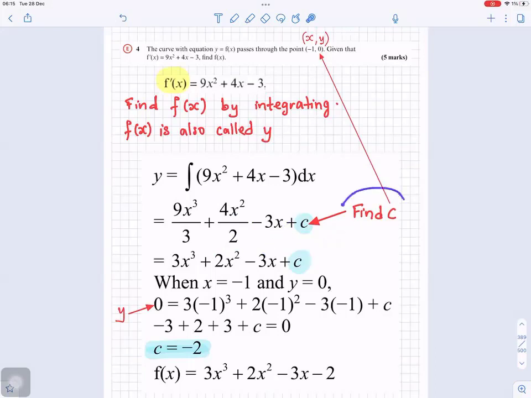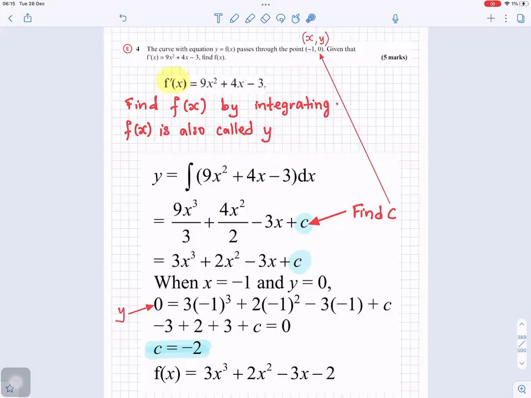We need now to find c. You go to the question, it tells us that when x is minus 1, y is 0. We put in those values for x and y. So the 0 for y comes there, and the minus 1 replaces x.